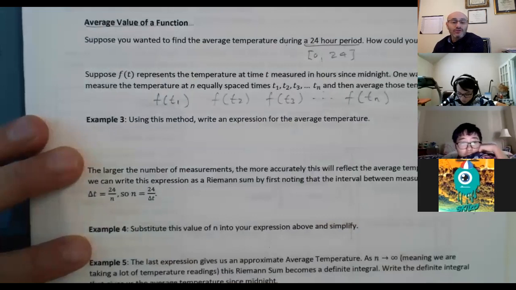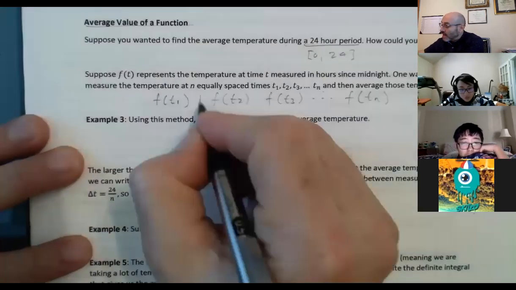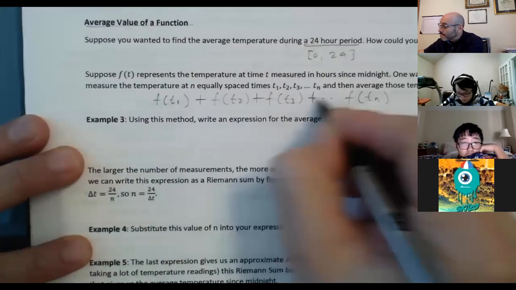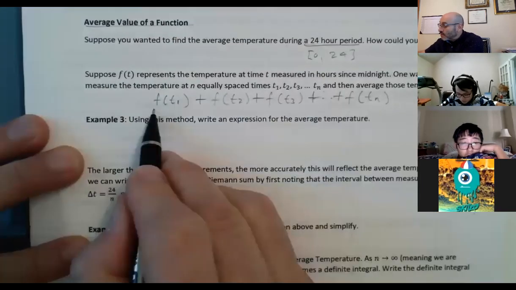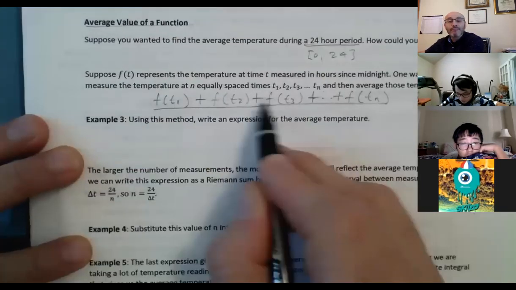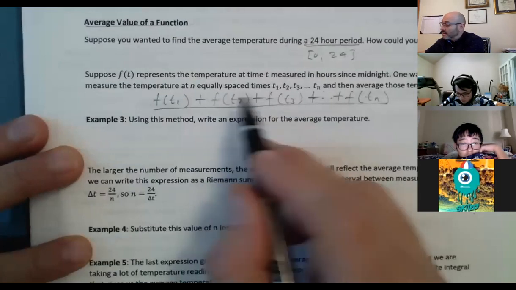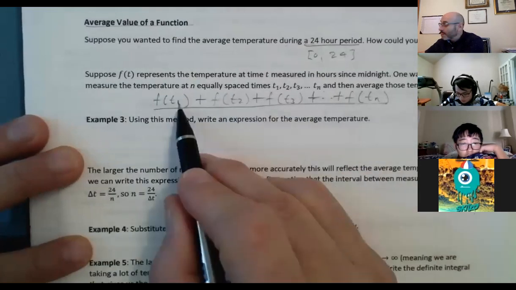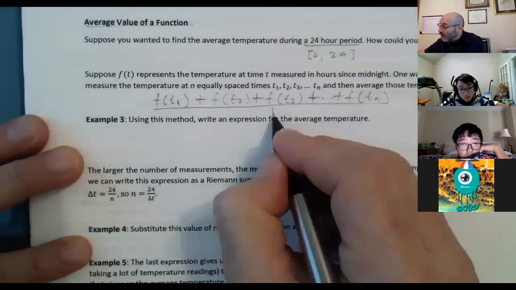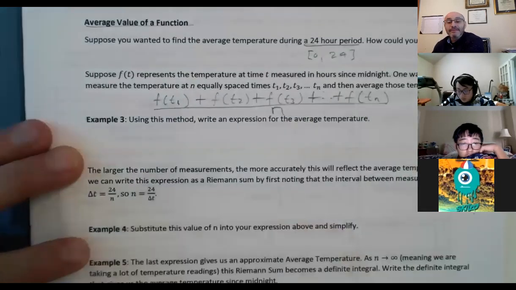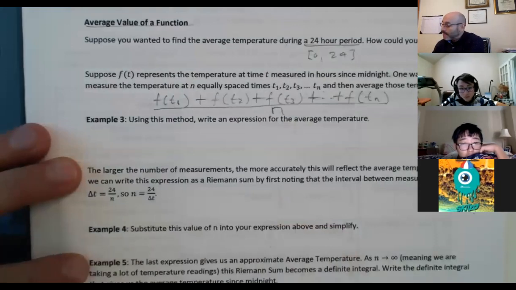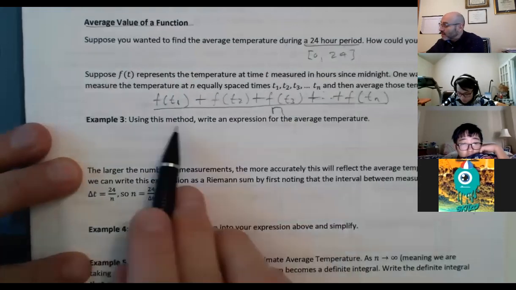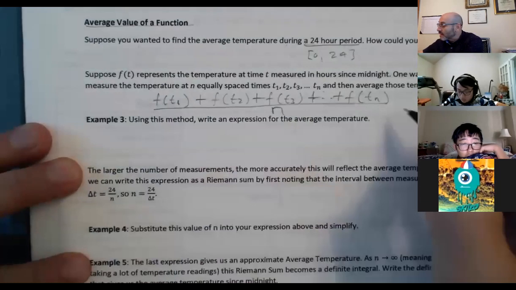And then if you wanna know the average of that temperature, then you're gonna add all this, and you're gonna divide by how many temperatures you took. In this case, we're going from 1 to n, so you will divide by what? N, right? Mm-hmm. So example 3 says, using this method, write an expression for the average temperature. Well, that's the expression.